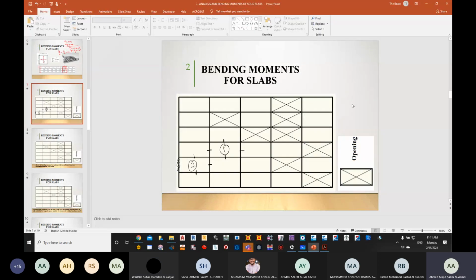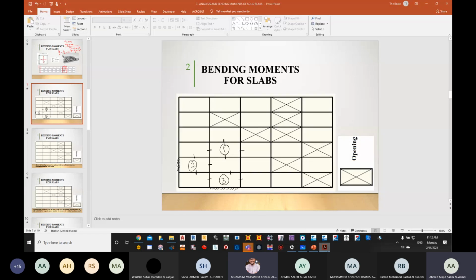Now, can I pick this to be case number 3? Can I say that this is continuous, this is continuous, this is continuous, this is discontinuous? Yes, Mr. Okay. Everyone else, are we okay? Yes, Mr. Everything is okay.